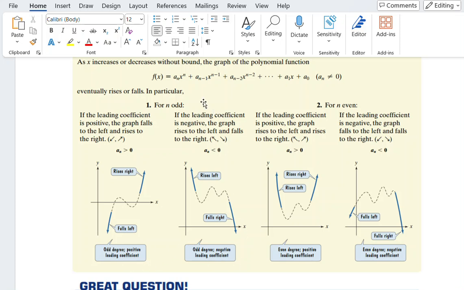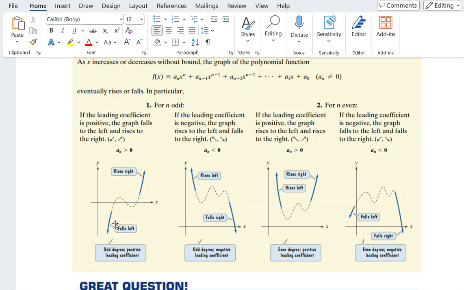The leading coefficient is the number in front of the x where the degree is. So my very first term, with the highest exponent, the number in front there is going to determine which way the ends point. So if it's odd degree and positive leading coefficient, it's going to rise on the right and fall to the left. If it's odd degree and negative coefficient, it's going to rise on the left and fall to the right.